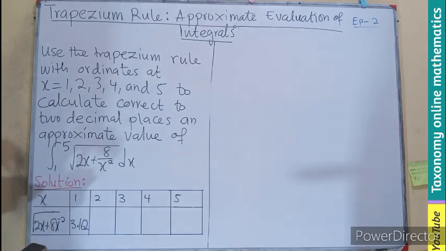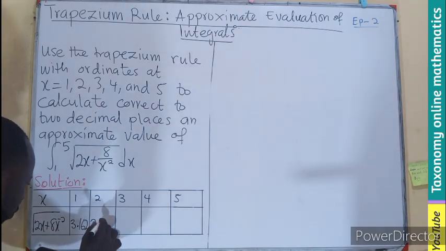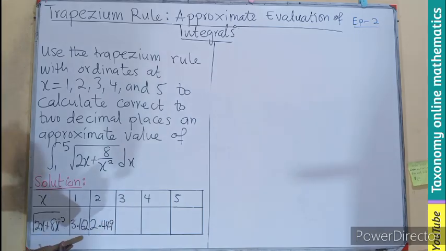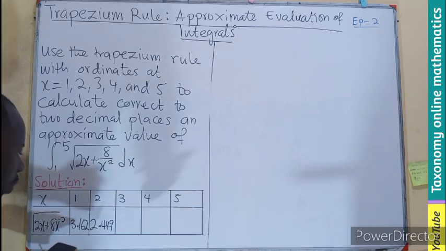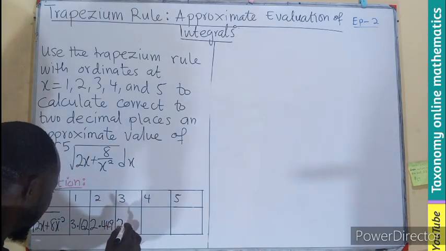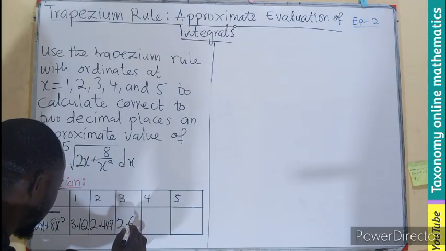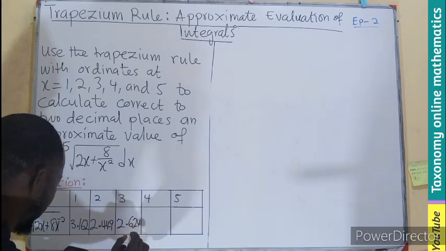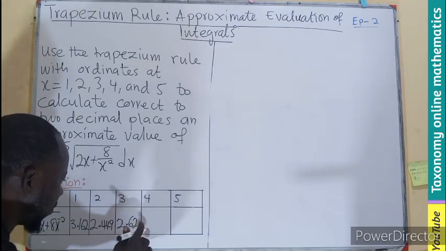Then in the second one, that will be 2.449. The third one will be 2.625. Yeah, 2.625.